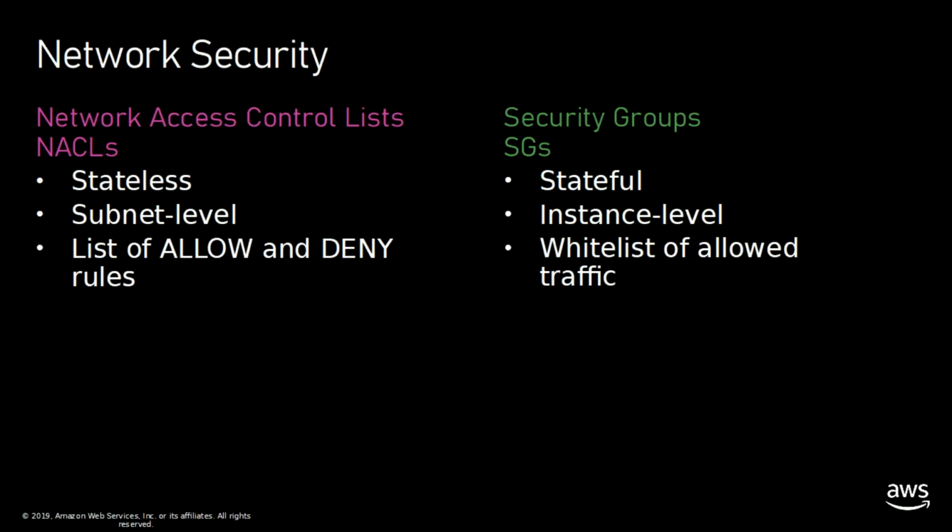For example, if we want to block a specific IP address going to our VPC, we will be using NACLs to do that. We cannot use security groups because security groups cannot block a specific IP.